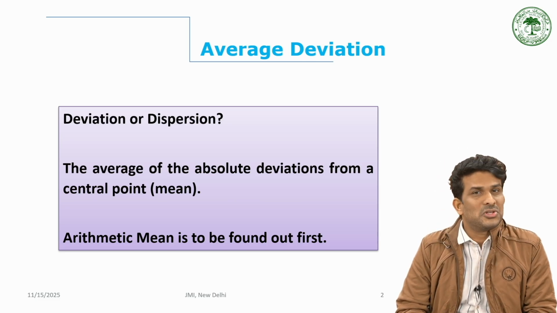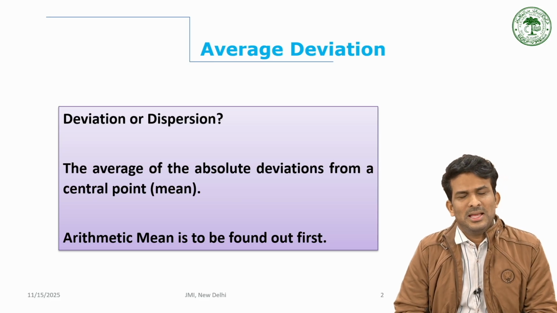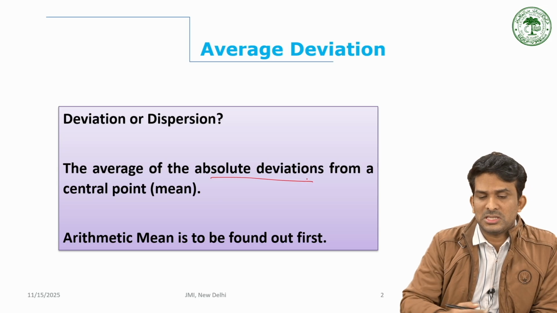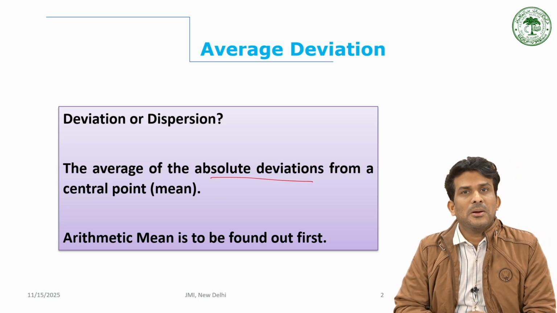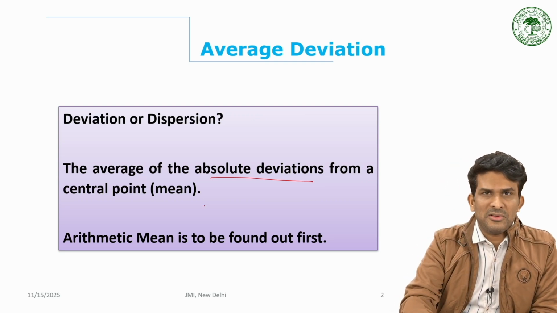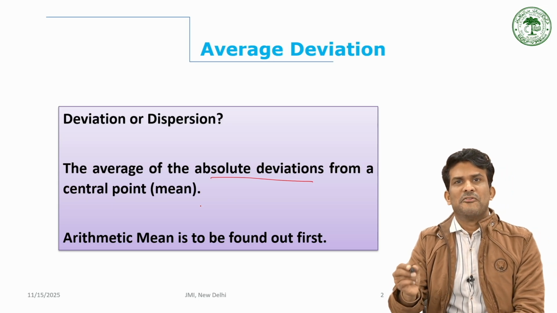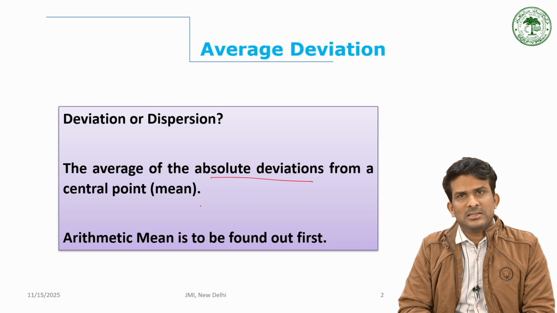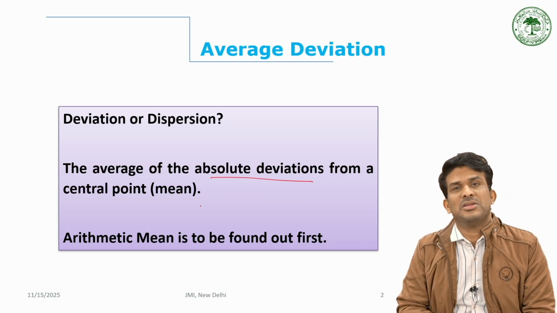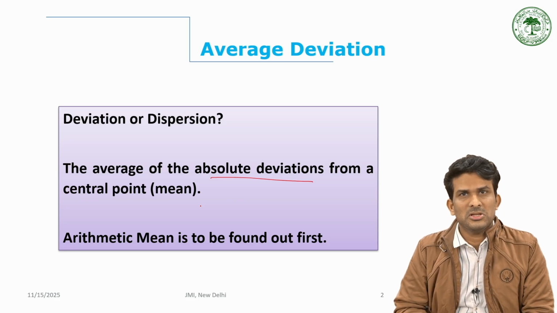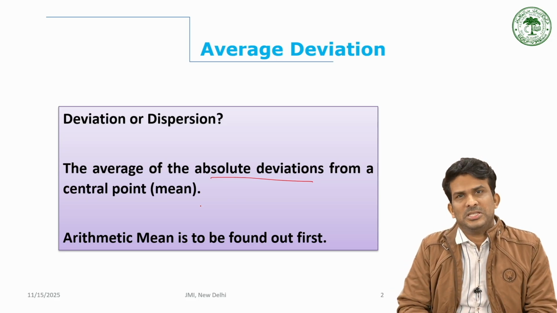Average deviation is also known as mean deviation. It is defined as the average of the absolute deviations from a central value, that is, the arithmetic mean. So the name itself is average deviation. For calculating average deviation, we have to calculate the arithmetic mean as well, because it is deviation from the arithmetic mean.